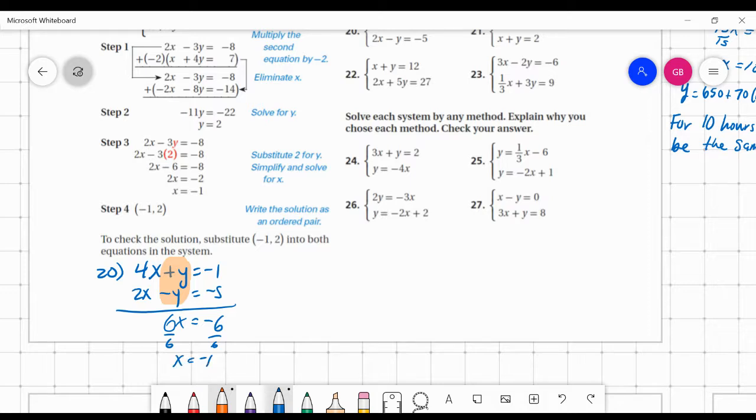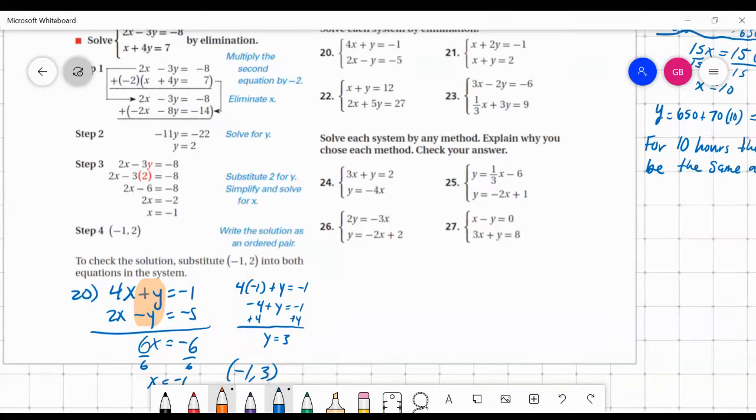Now you know that x is equal to negative 1, so you could plug it into either one of them to solve for y. So if I plug it into the first one, you get negative 4 plus y is equal to negative 1. Add 4, so y is equal to 3. The answer is negative 1, 3. Okay, elimination.